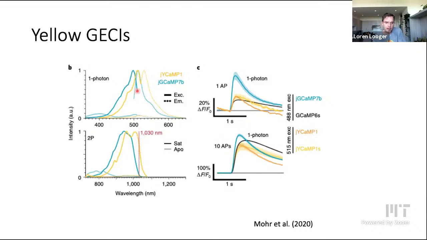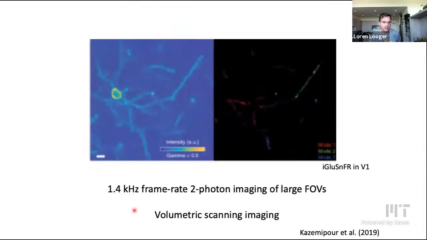This is primarily driven by the development of SLAP microscopy by Kaspar Podgorski at Janelia. That, I'll just show you on the next slide, lets you get really fast frame rate 2-photon imaging of really large fields of view. So this is almost 2 kilohertz imaging.